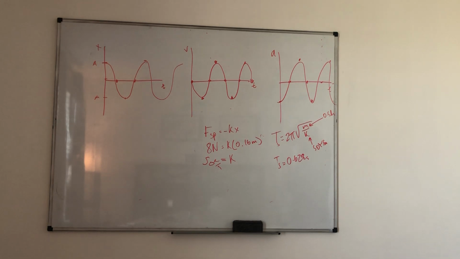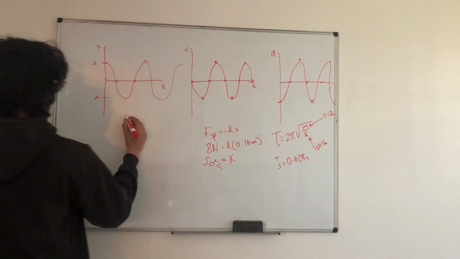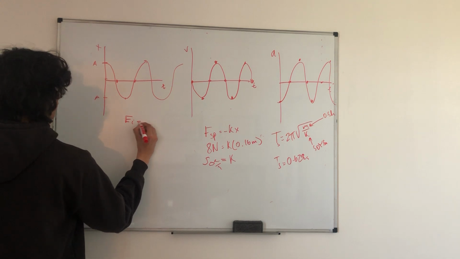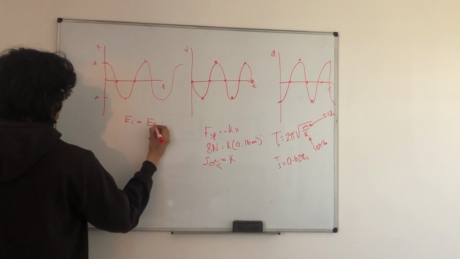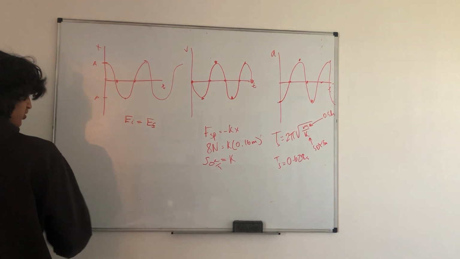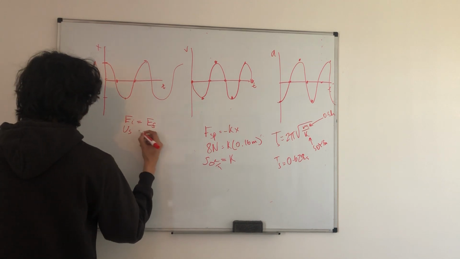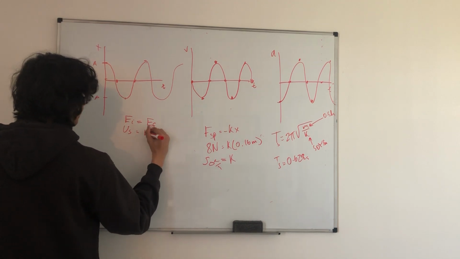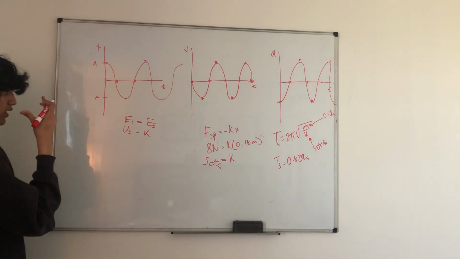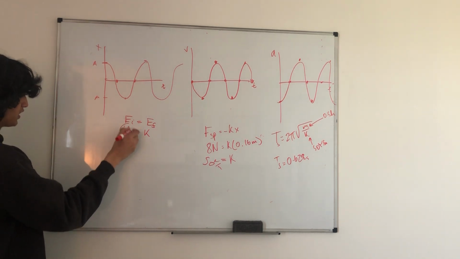How does the total mechanical energy of the system change when the amplitude is doubled? Justify your answer. So remember that all the energy initially is equal to the energy final. We're not seeing any loss of energy. So if our initial energy is U spring, well, this is the total mechanical energy, right?